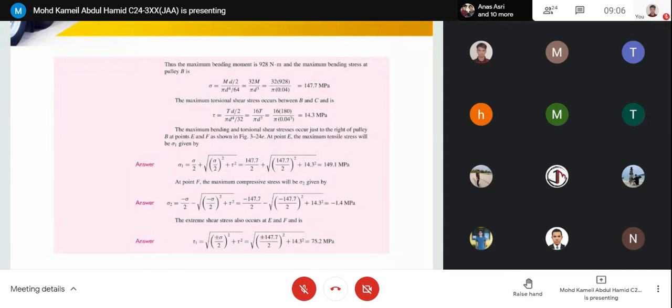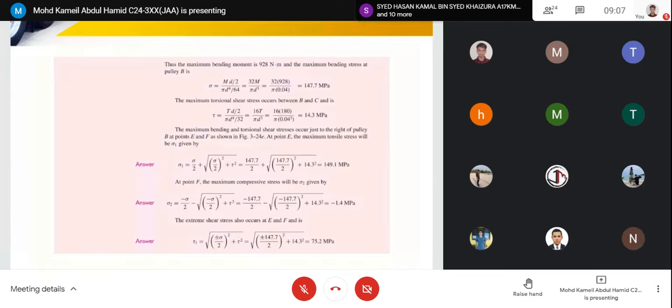You get your sigma 1. Sigma 1 is the principal stress. Remember, principal stress means the shear is 0, and it is the maximum. Then sigma 2 is the maximum compressive stress, and then the rest.